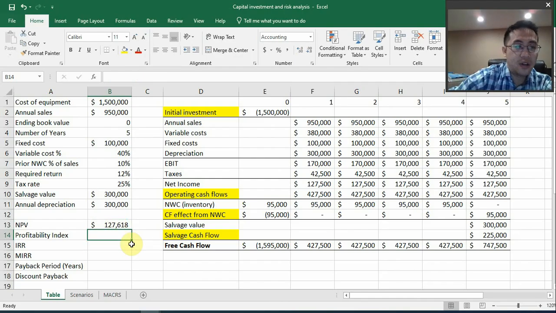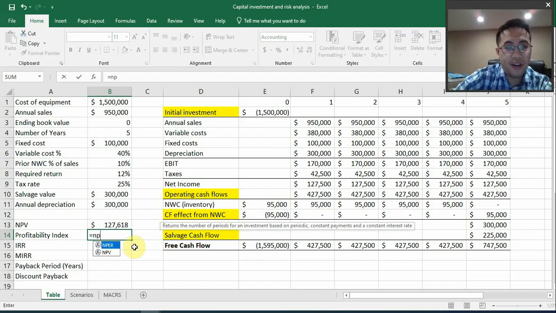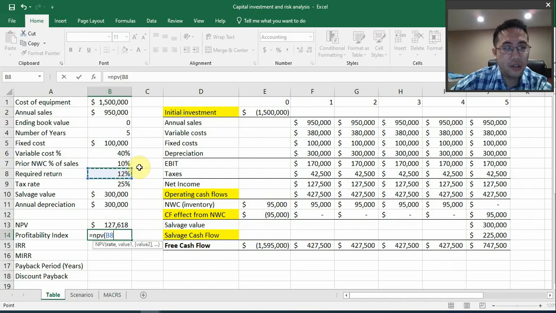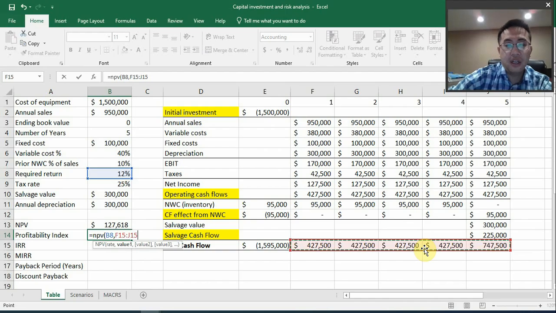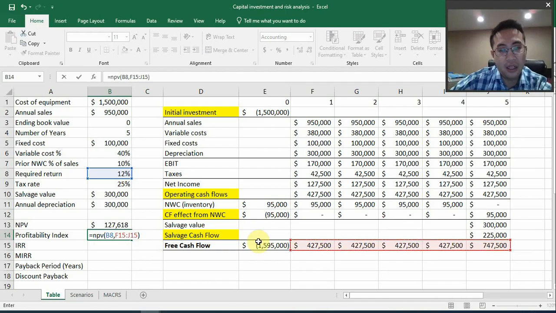You are again going to use the NPV function of Excel, and you are going to use the same required return and the same cash flows from year 1 to year 5. But instead of adding the year 0 cash flow, you're going to use it as a denominator here.